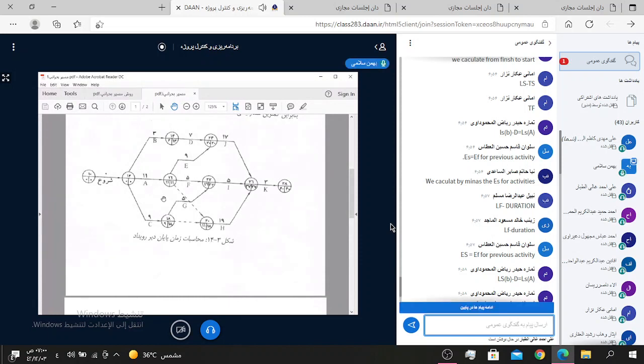Between 11 and 16, which one is earliest? Yes, 11. Therefore, for choosing the ES of activity, we use ES of node start as the ES of activity. Understand?